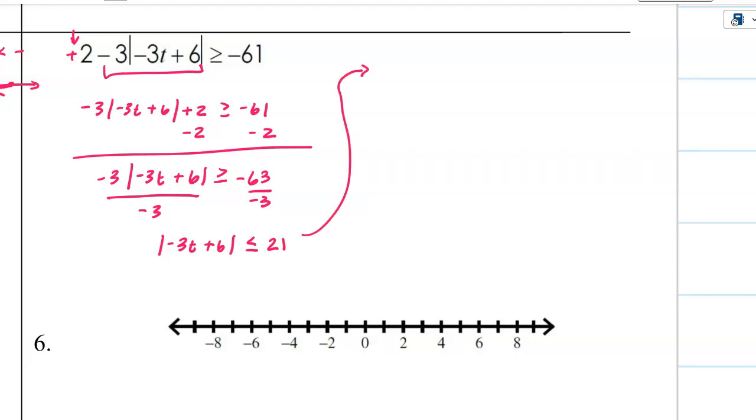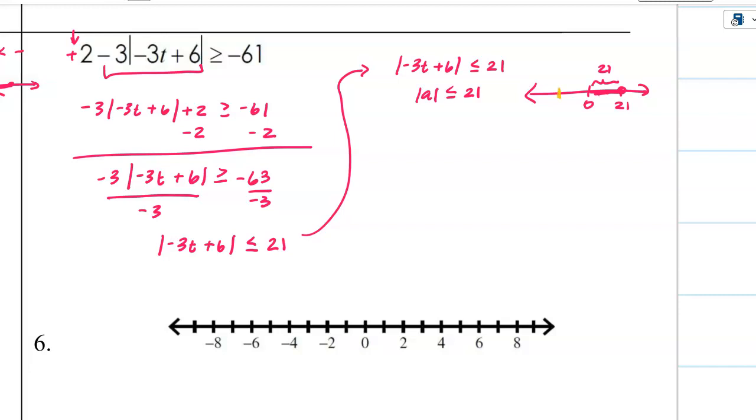Now, let's go ahead and look at this. If I look at the absolute value of -3t plus 6 is less than or equal to 21, I could treat it like the absolute value of a. Everything inside is a. That's telling me I need a distance. A needs to be a distance that's smaller than or equal to 21. So if we have 21 here, that distance from 0 has to be 21 or smaller, so it's all of this distance.